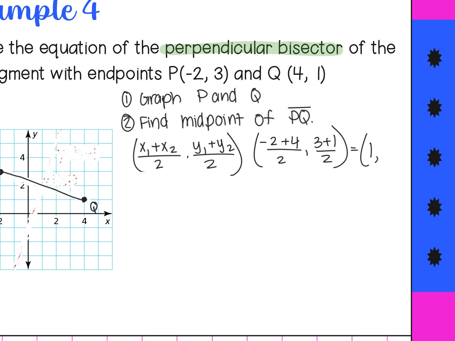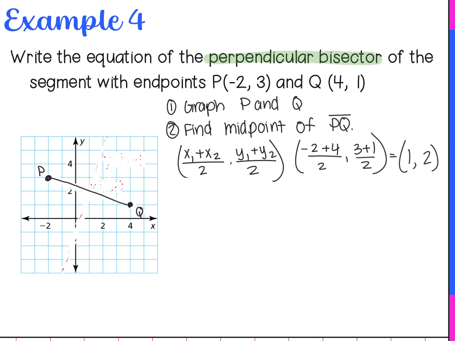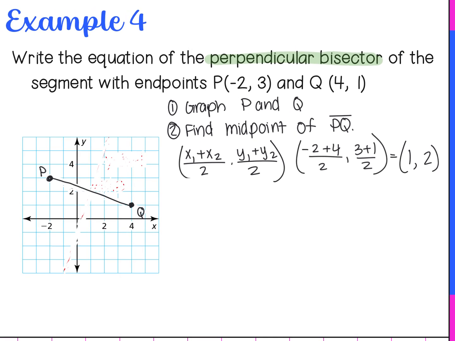And then 3 plus 1 is going to give you 4 over 2, which is 2 as a whole if you simplified. So right now I found my midpoint. I'm going to put a dot on my midpoint, which is right here. So my midpoint is 1, 2. Okay, I'm going to highlight. This is my midpoint.